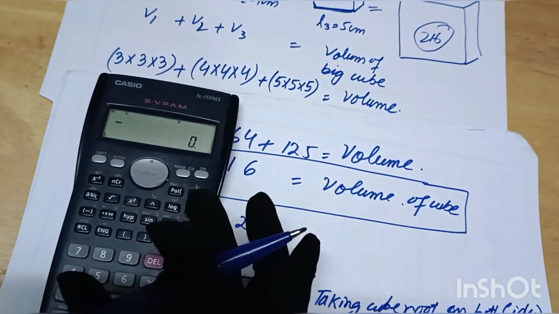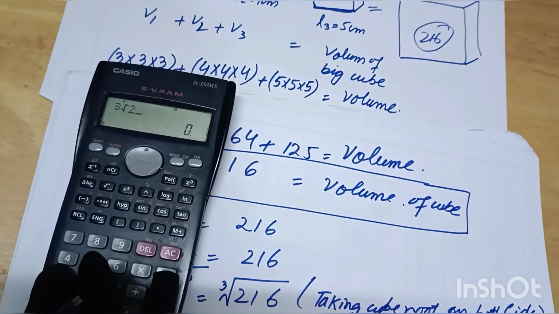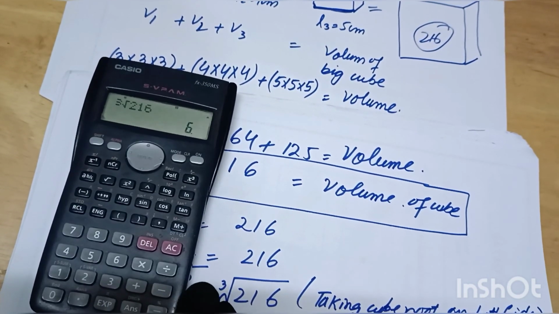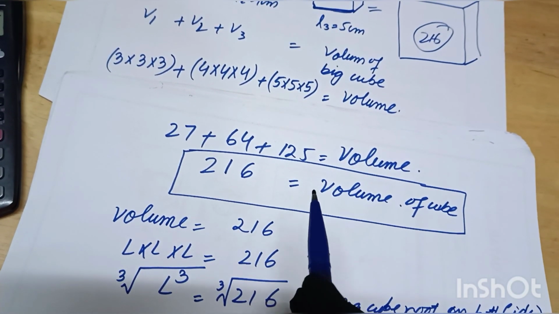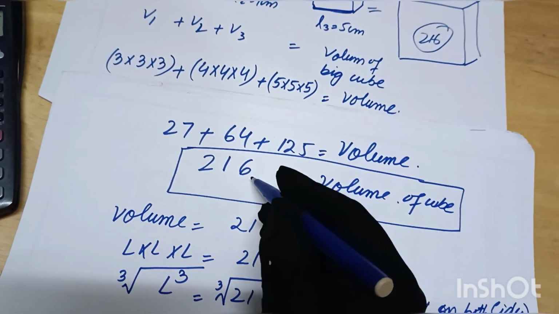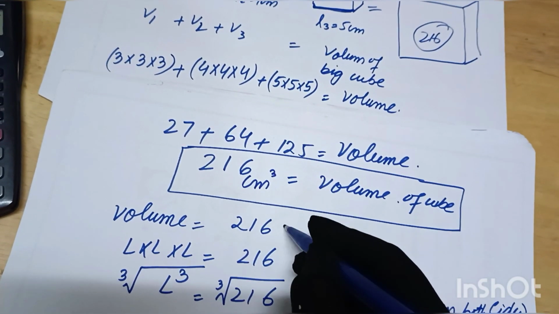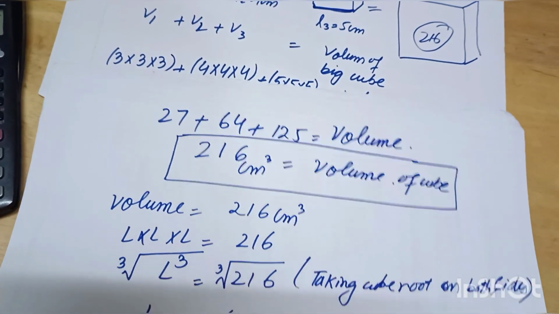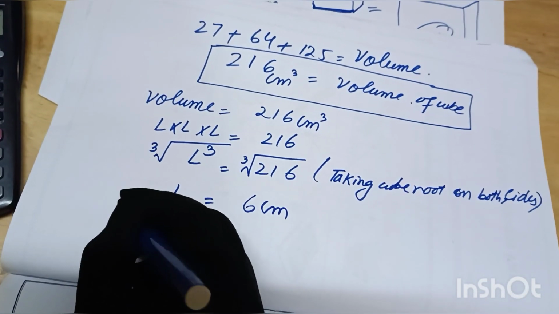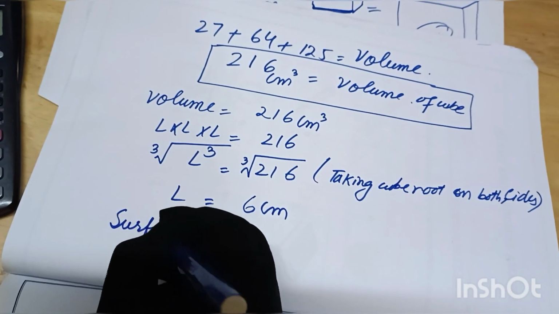So press shift, then cube root of 216. That is 6. As all the units were in centimeter, volume is in centimeter cube and length is in centimeter. So very easily now we can find the surface area of the big cube.